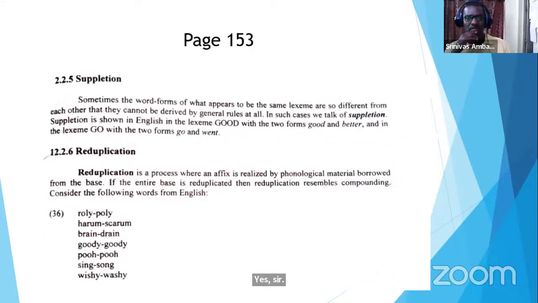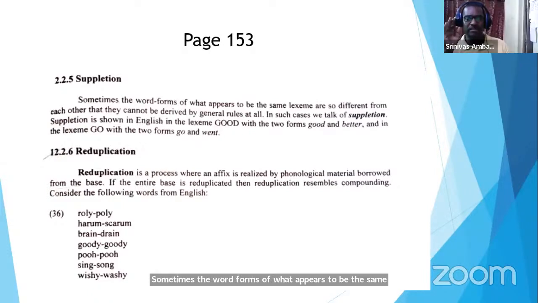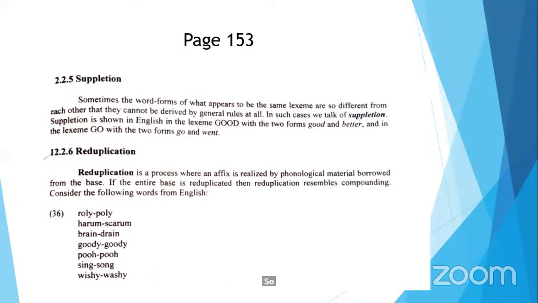Now, tell me what do you find here? Two definitions. Suppletion. Sometimes the word forms of what appears to be the same lexeme are so different from each other that they cannot be derived by general rules at all.